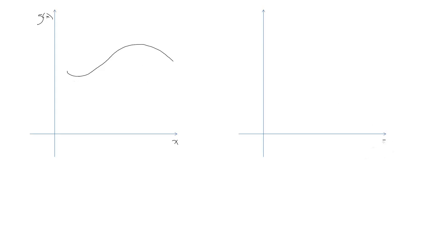Then if it's a composition, we're going to come over here and we're going to have g of x, and we're going to plug that into some other function f. Maybe our function f looks something like this. So we're going to start with some number, plug it in, and out will come g of x.